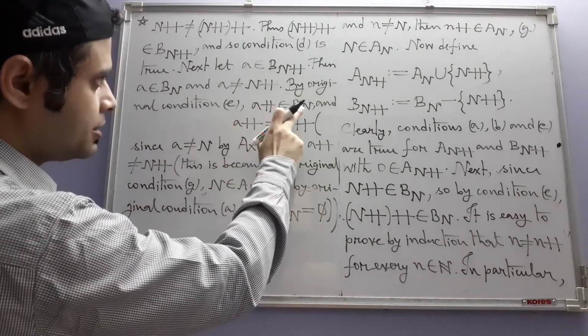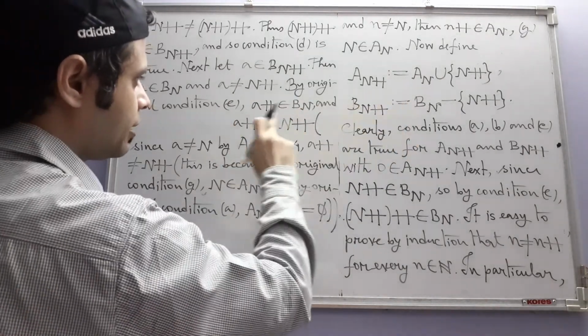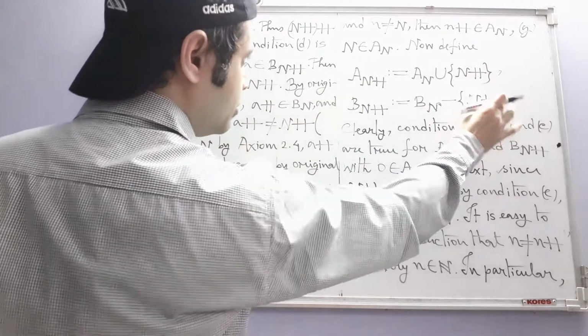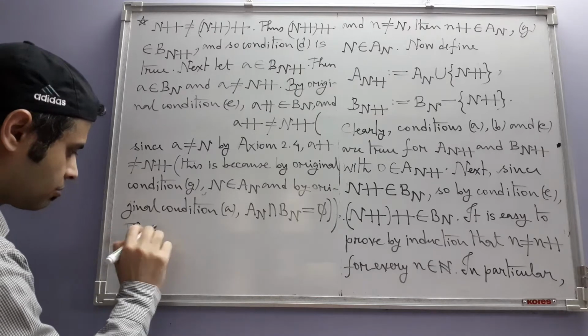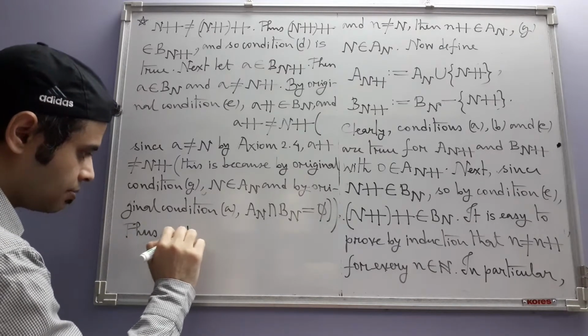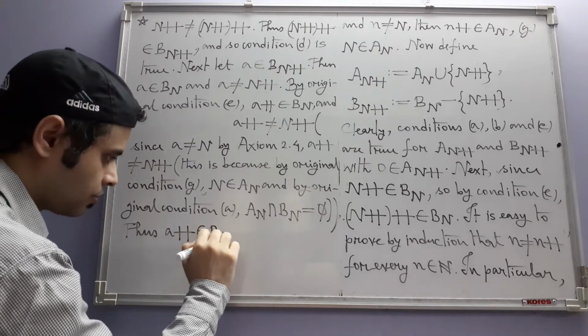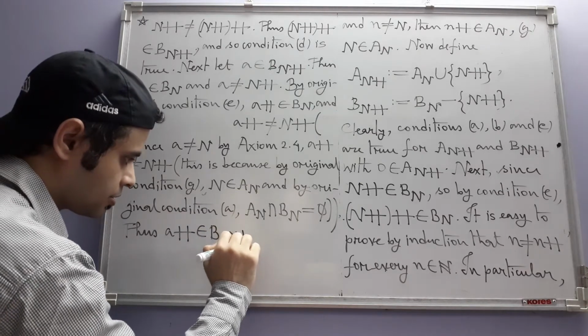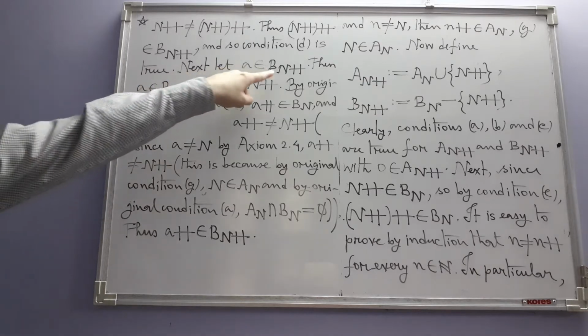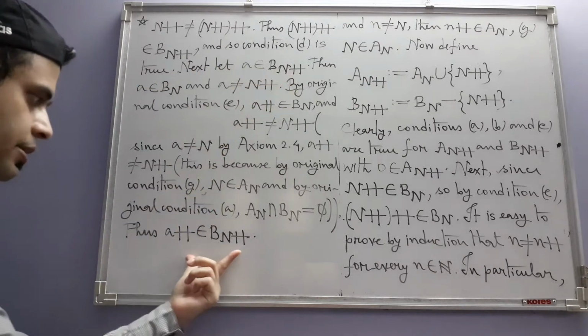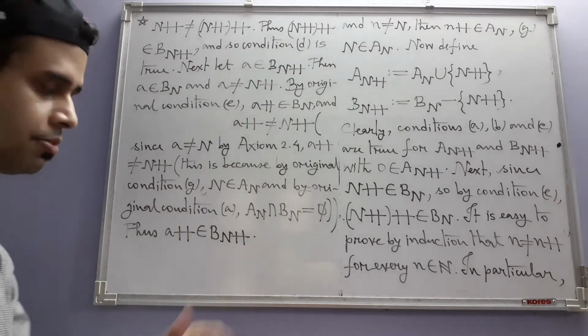Now it's okay. So what is the ultimate conclusion? a plus plus is in B_n and a plus plus is not equal to n plus plus. Thus, a plus plus belongs to B_n plus plus. So we have taken any element in B_n plus plus and its successor is again in B_n plus plus.